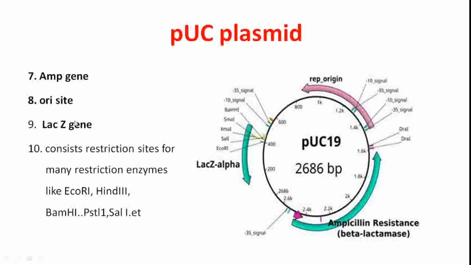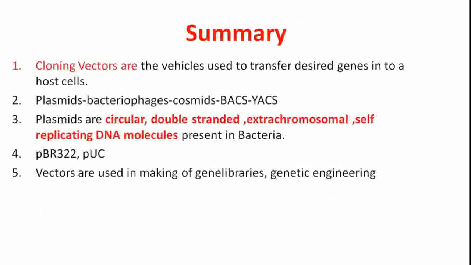Like pBR322, it has restriction sites for many restriction enzymes like BamHI, EcoRI, HindIII. Likewise, you can see all these different restriction enzymes and restriction sites, similar to pBR322. So that is about the pUC plasmid.